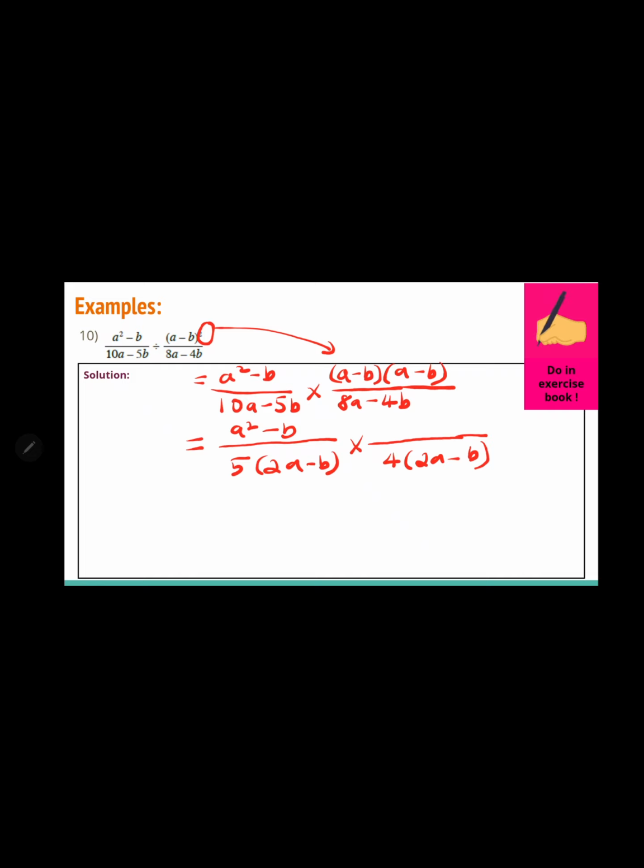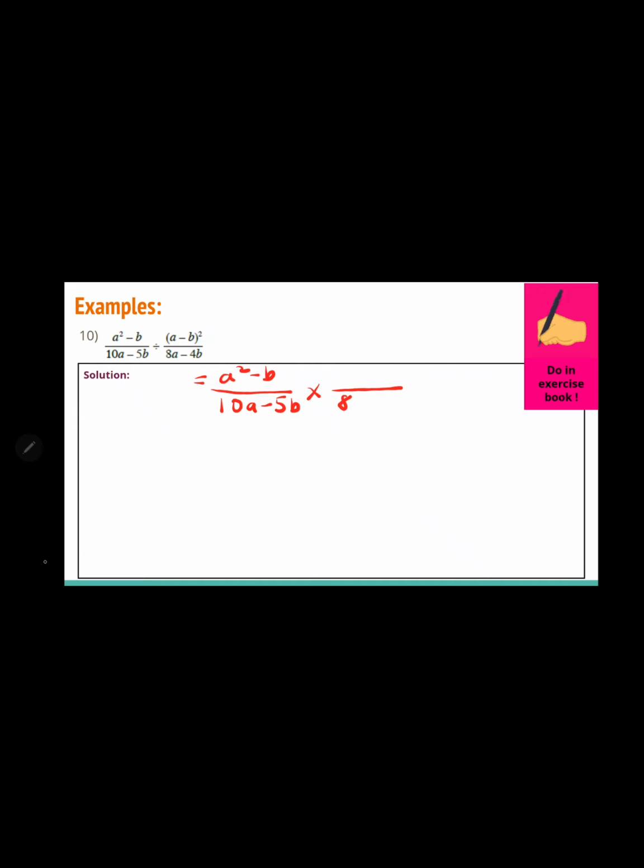Okay, we have to change the question. I mean, not really change. How to say? The question is wrong. Let us see what is wrong.